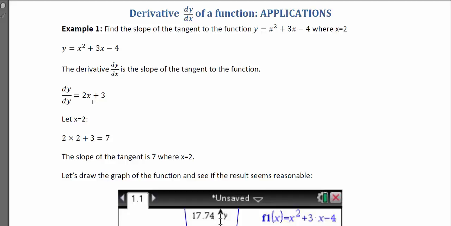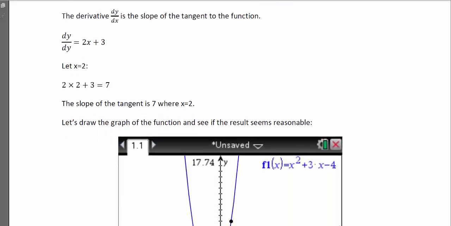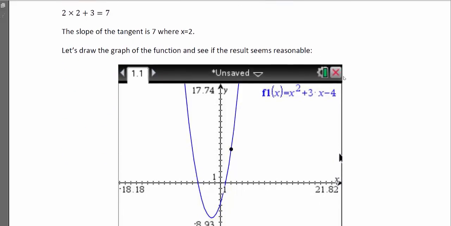Now let's substitute x is equal to 2 into the derivative. So this means 2 times 2, and then we add 3, we get 7. This means that if we look at the function x squared plus 3x minus 4, where x is 2, just go to 2 here from the x-axis, go up here, 2, 3, 4, 5, y is going to be 6.